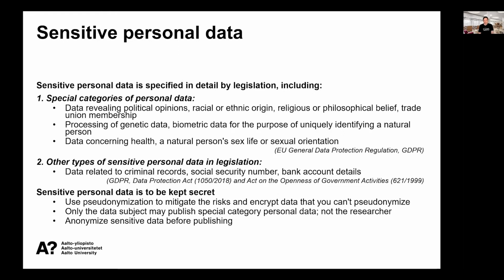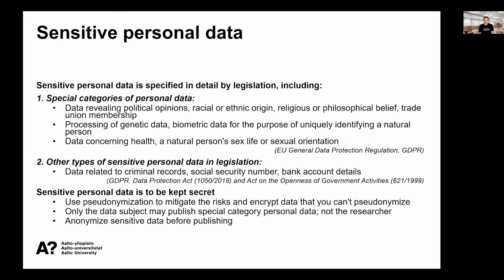And then one special category handled by the legislation is sensitive personal data. For example, the General Data Protection Regulation defines the special categories and a set of special rules on how to handle those.